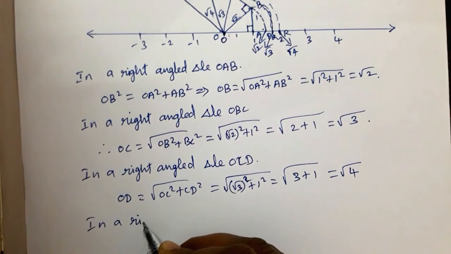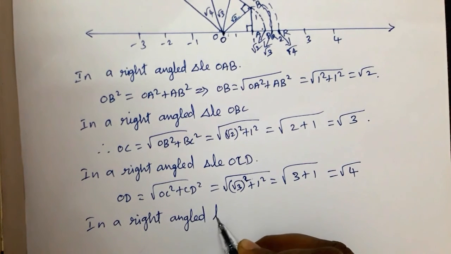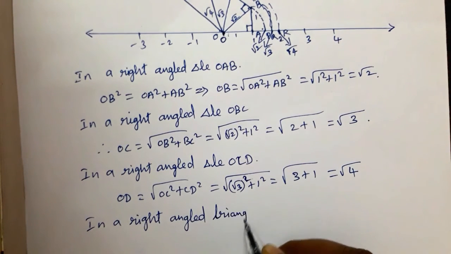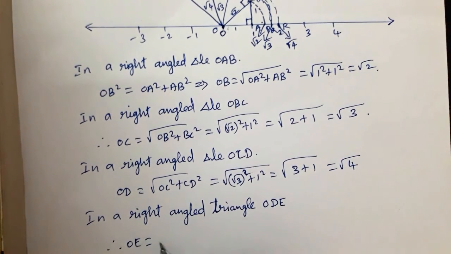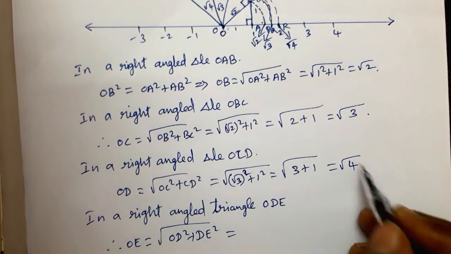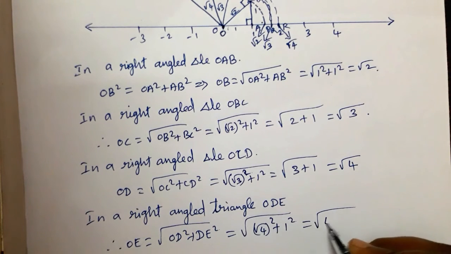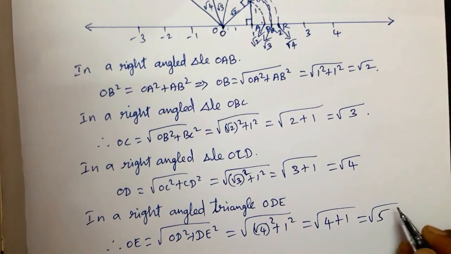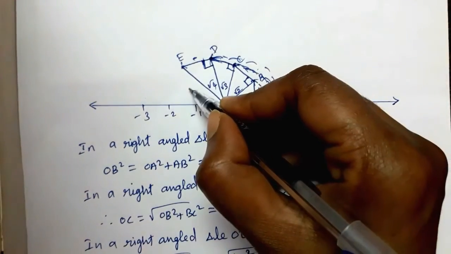In right angle triangle ODE, OE equals square root of OD square plus DE square. OD is root 4, so root 4 the whole square plus DE, which is 1, square. Root 4 the whole square means 4, and 1 square is 1. So 4 plus 1 gives root 5. Now OE is root 5, so we can write here root 5.